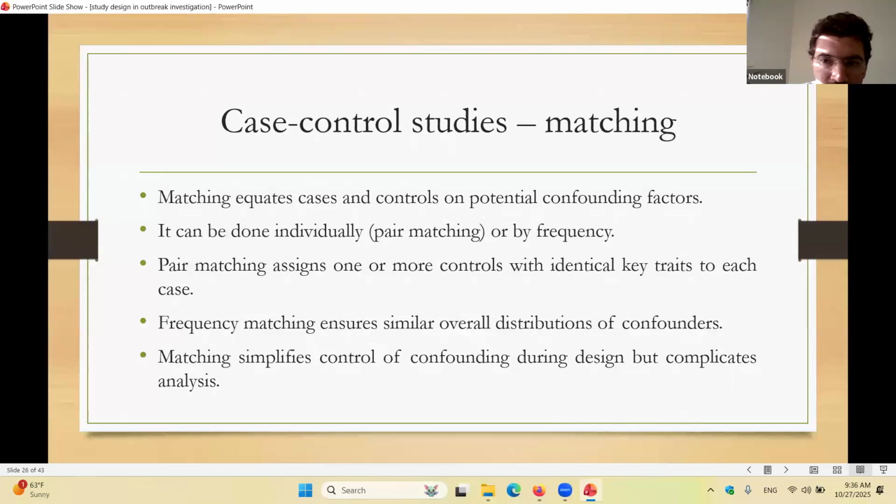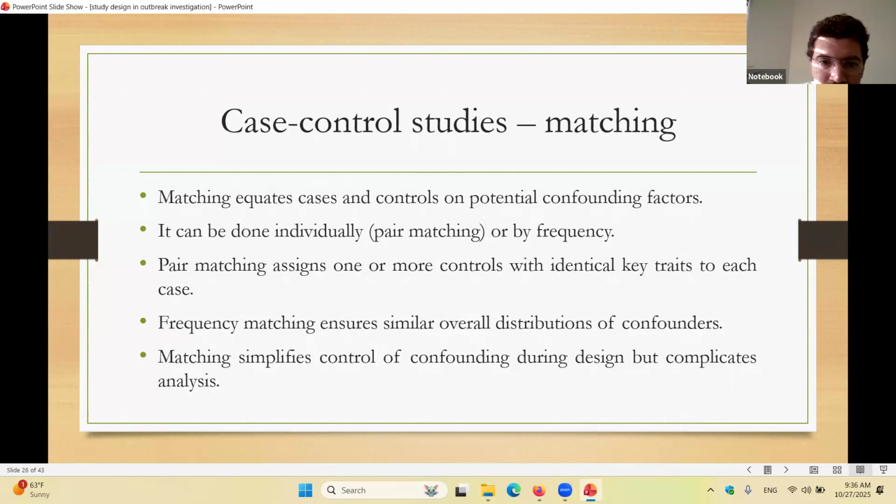About matching, I gave you some further information. Matching equates cases and controls on potential confounding factors. Of course, there's an extra point that a more important reason for matching is to increase the statistical power, but it is not mentioned in the chapter. It can be done individually, named pair matching, or by frequency.